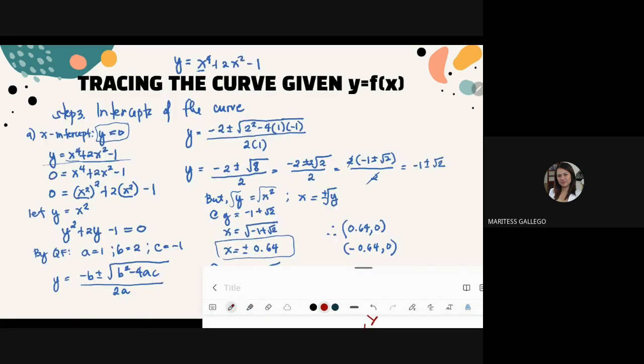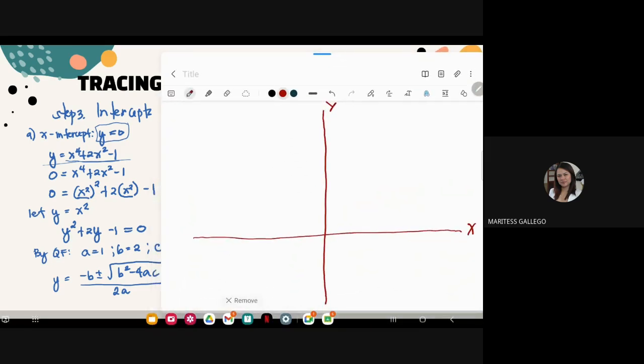Next, sa step 3, ito yung mga intercepts kung saan ngayon dumaan yung curve natin. So, i-plot natin yung dalawang point na to. 0.64, so 0.6 ang gagamitin natin at saka 0. Okay, mukhang 1 yung gagamitin natin, kasi 0 siya. So this is now positive 1, positive 1, negative 1.